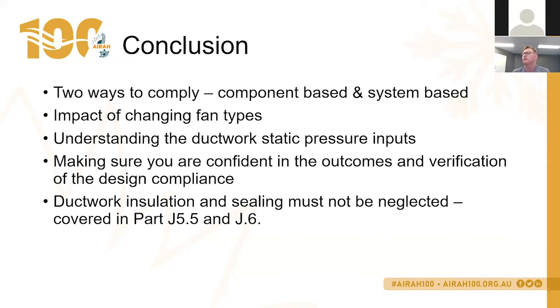If the calculation shows a fail for an efficient backward curve centrifugal, can compliance be achieved for the same ductwork using a less efficient type of fan, such as an axial? That's not really a compliance related question. I don't think it's a lot to do with the type of fan.